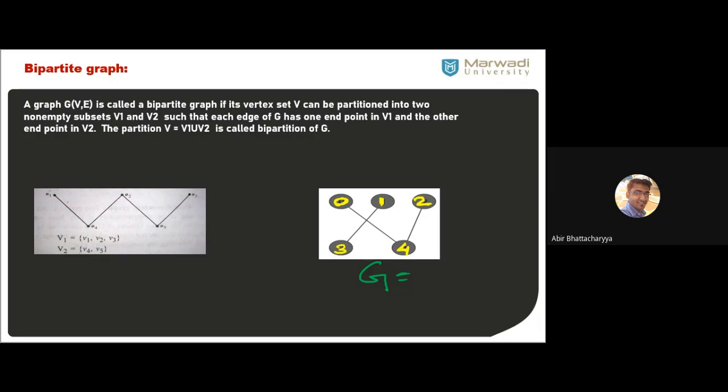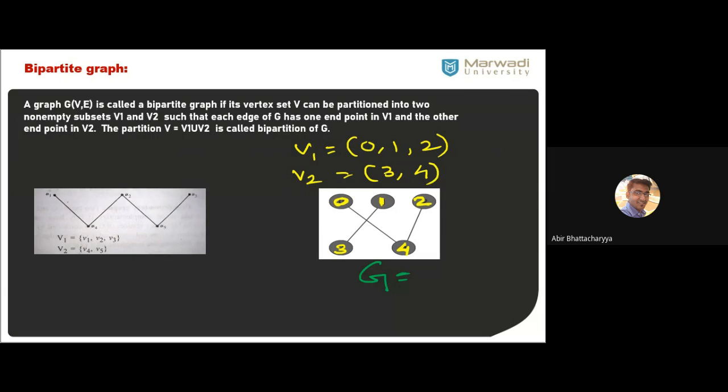In this case, you can find more than one partition. So tell me what the possible partitions are. I am writing one partition: V1 equals 0, 1, 2, V2 equals 3, 4.